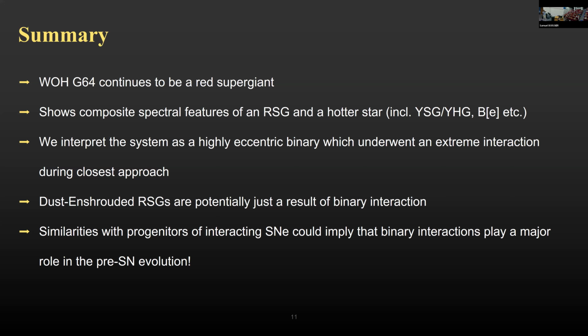There was a paper, I think last year or the year before, which said that this has transitioned to a yellow hypergiant. But now we clearly see that it's not. So that was probably just because of this binary interaction that it looked like it was a hotter star. But we think it's the same, so around the 35,000 Kelvin mark, which is typical for a red supergiant. And as for your second question, I really do not have an answer to that. I'm sorry.